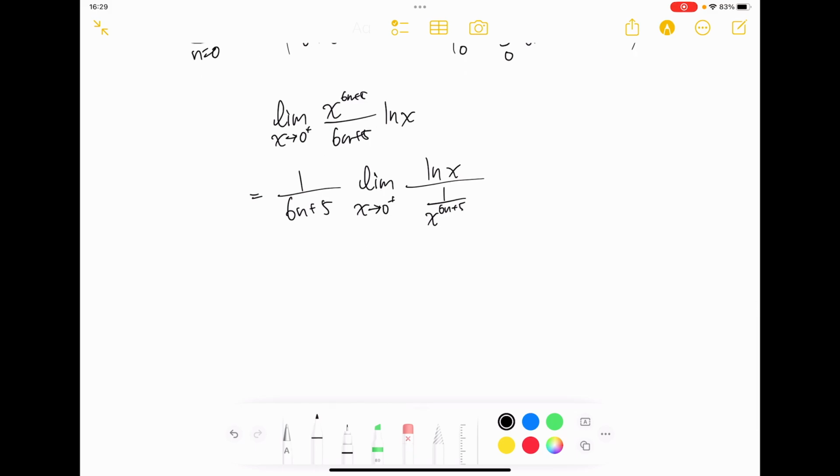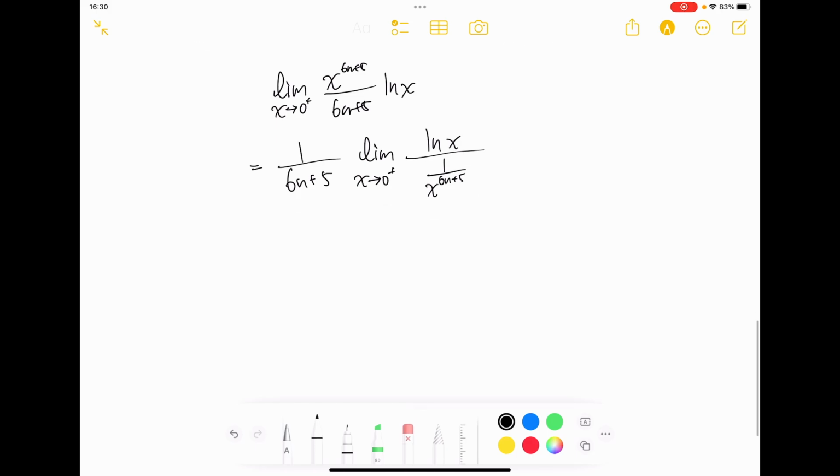So when x goes to 0 plus, the numerator goes down to negative infinity and the denominator goes up to infinity. So we have an infinity over infinity situation, which means we're going to use L'Hopital's rule. So that will be equal to the limit of d dx of ln x, which is just 1 over x, divided by d dx of x to the minus 6n minus 5, just because it's reciprocated and simpler, I guess.